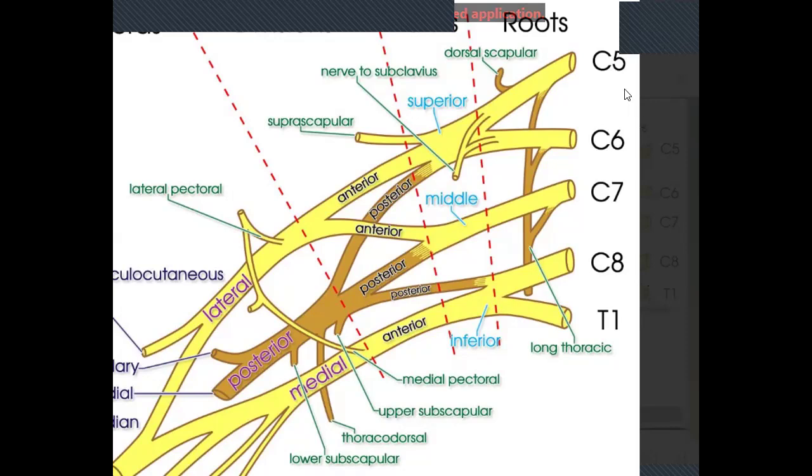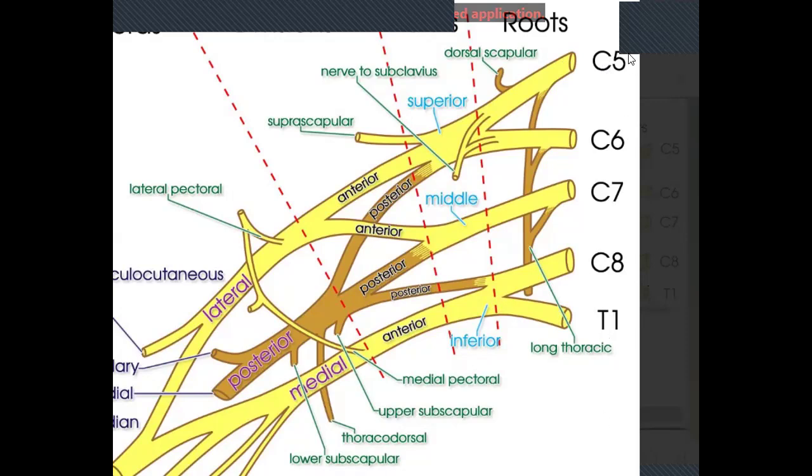All right. So the brachial plexus is normally formed from cervical C5 to thoracic T1, but there can be a prefixed or postfixed brachial plexus as well.